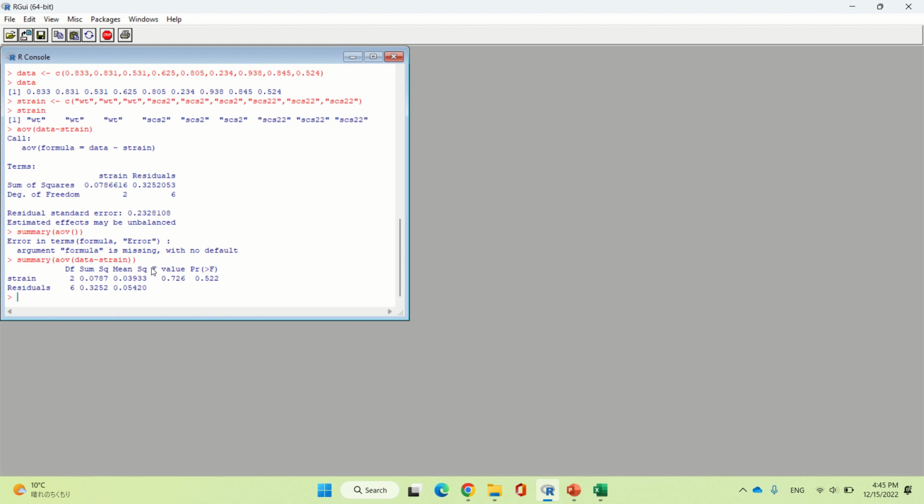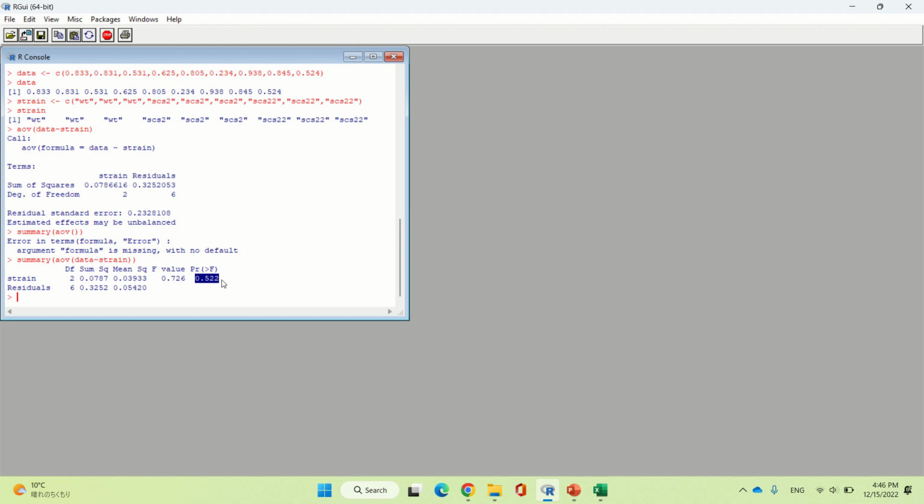Sum square, mean square. Now the F value is 0.7 and Pr greater than this F is the P part. P value 0.5 means 50%. And now the null hypothesis is there is no difference among the three sets of data.